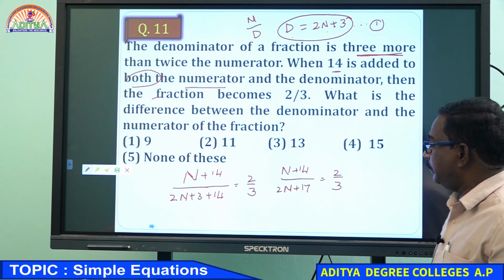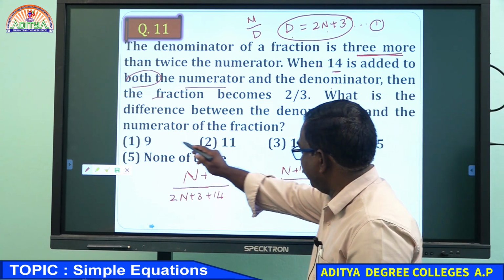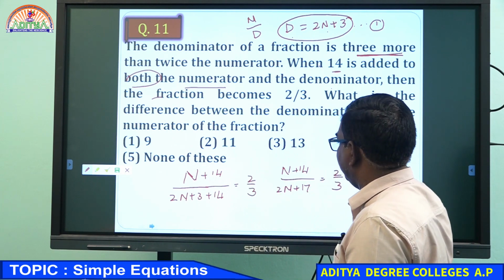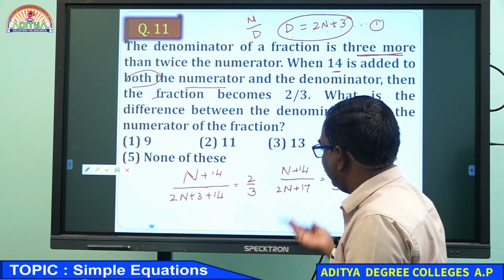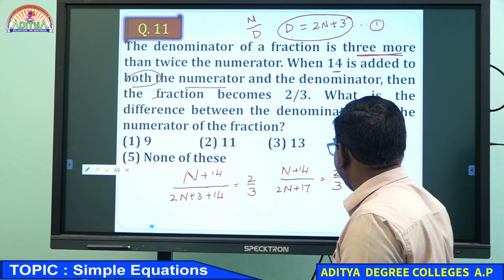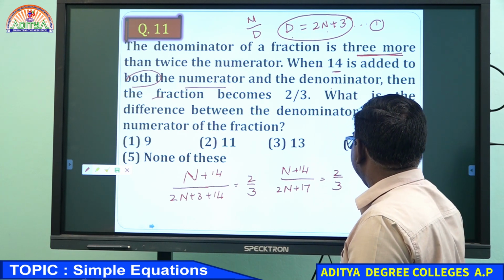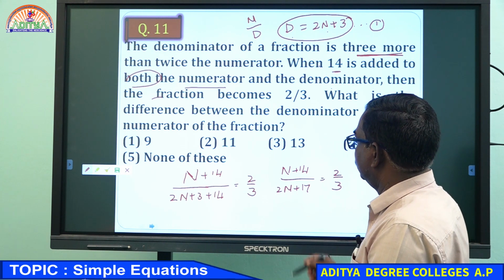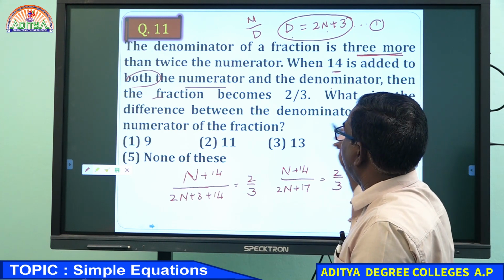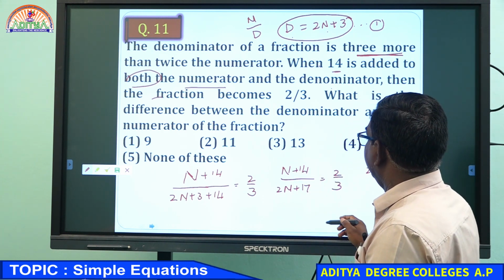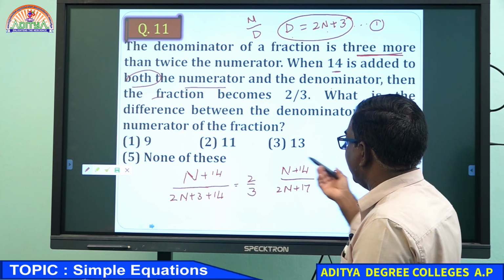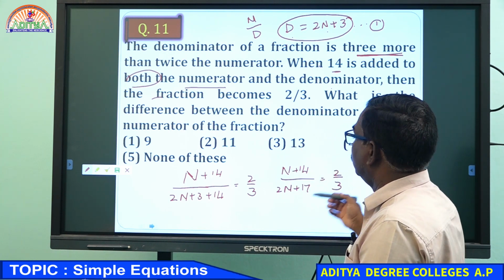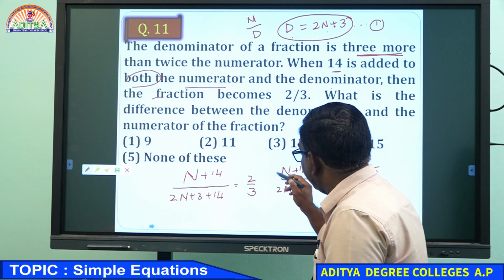Suppose the options are 9, 11, 13, 15. Many have written 11, we can check once. 11 plus 14, that is 25. Okay, he is asking, what is the numerator of the fraction? The difference is asked, right? We cannot take 11, right? Then what value will n get here?